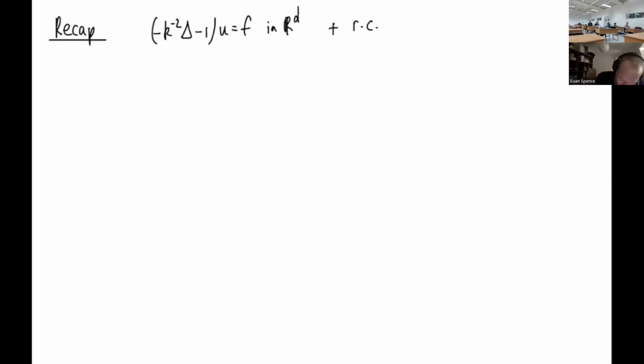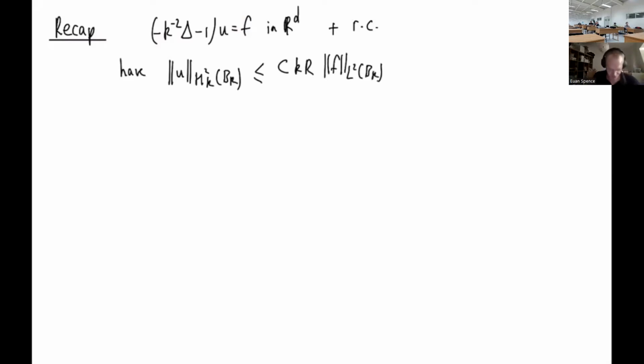And recall we have this a priori bound that in this case you can prove just by integration by parts in this simplest possible case, that the H^2_k norm of U in any ball of radius R is bounded by some constant times k times R, times the L2 norm of F in this ball of radius R. And remember, I'm weighting derivatives with inverse powers of k.